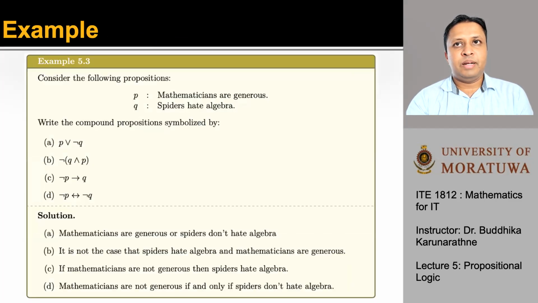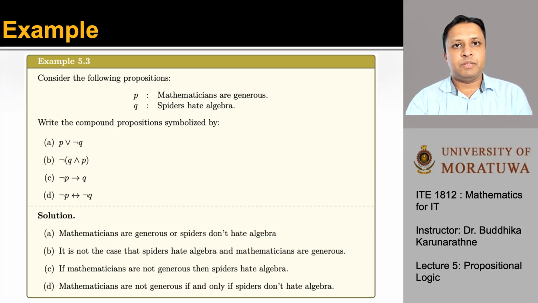Now we run through an example. Consider the following propositions. P: mathematicians are generous. Q: spiders hate algebra. You are required to write the compound propositions symbolized by, first one, P disjunction negation of Q. So what is the solution?